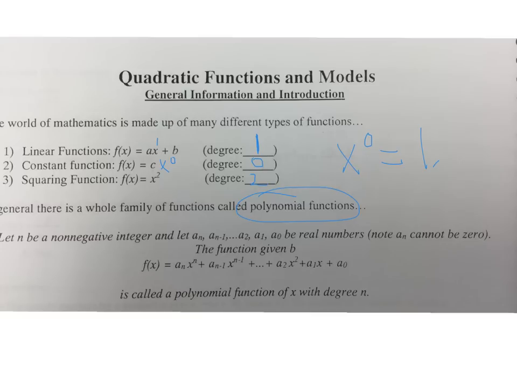Then you can have a polynomial function. You're going to have real coefficients, so no i's, only real numbers, and then you're going to have x to some power. If you have that, then it's called a polynomial function.